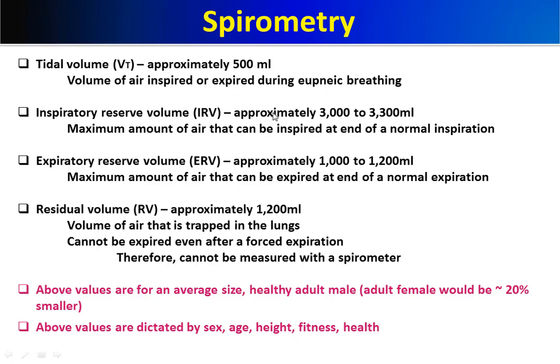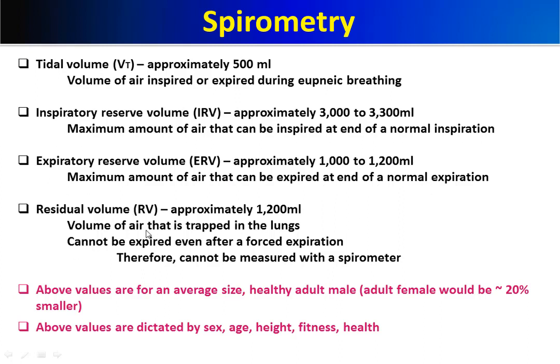Inspiratory reserve volume, approximately 3,000 to 3,300 milliliters of air, the range. And this is the maximum amount of air that can be inspired at the end of normal inspiration. Expiratory reserve volume, approximately 1,000 to 1,100 or 1,200 milliliters. And this is the maximum amount of air that can be expired at the end of a normal expiration.